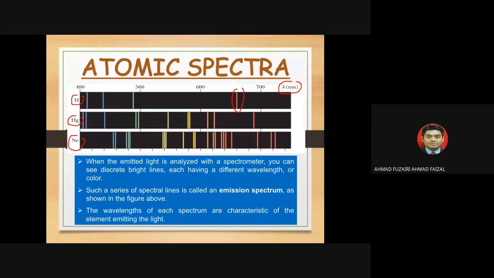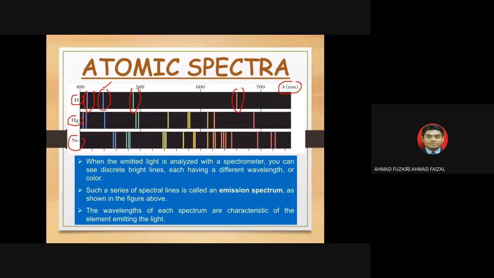The value of the red color here will give a wavelength in the range between 600 to 700 nanometer. Besides that, hydrogen also shows the blue color, the purple color, and also the green color at certain values of wavelength. So different colors will give different values of the wavelength belonging to that atom.